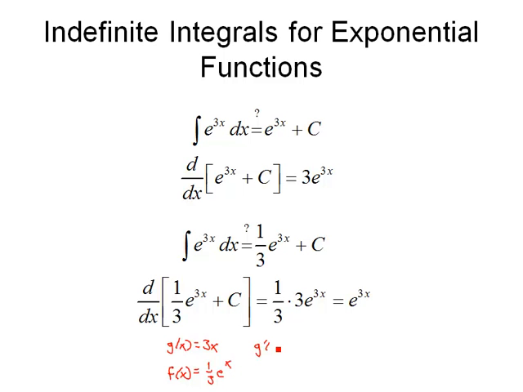So g prime of x will be 3, and f prime of x is going to be 1/3 e to the x. So my derivative here is going to be 1/3 e to the 3x, and then I multiply by the derivative of the inside, the g prime. The 3's cancel out and leave us with e to the 3x. And that matches with my integrand. So that tells me that the antiderivative up here is 1/3 e to the 3x plus c.